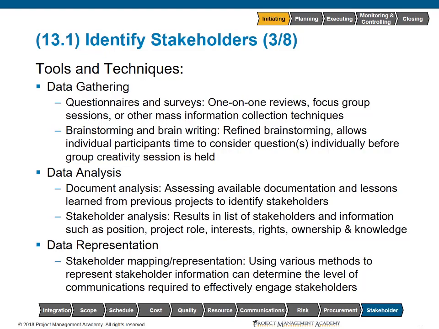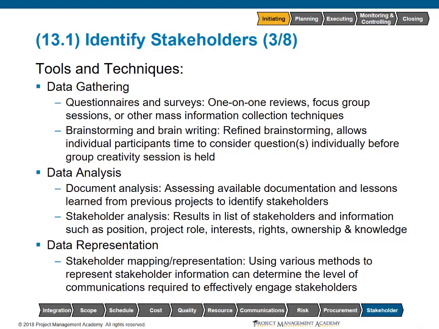Data analysis refers to both document analysis as we assess the available documentation and lessons learned, because past similar projects may have stakeholders that are still relevant to our project now. With the stakeholder analysis, we're going to look at our list of stakeholders and start evaluating them based upon a number of criteria.